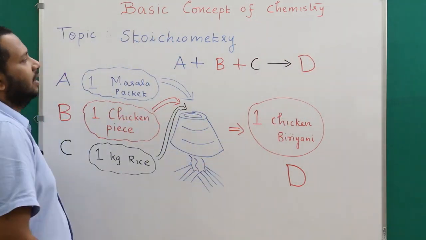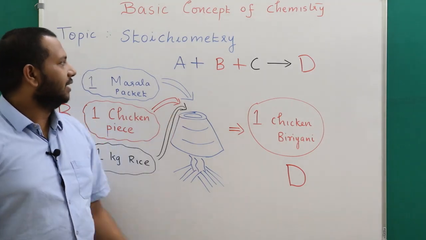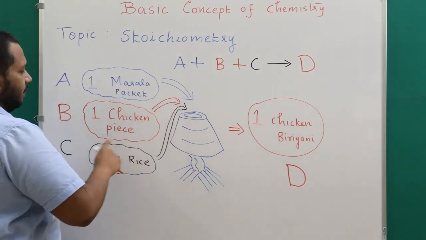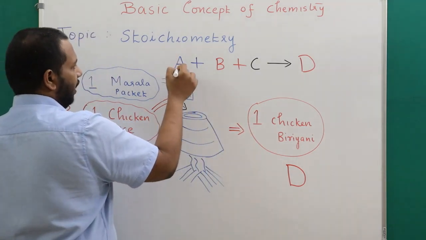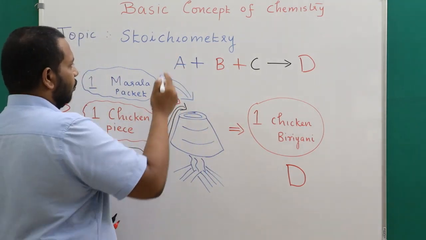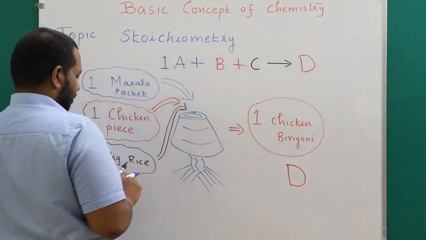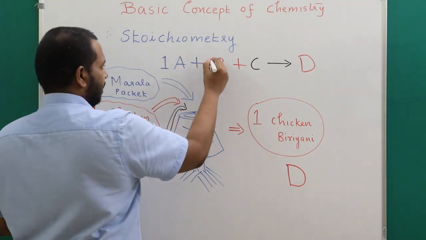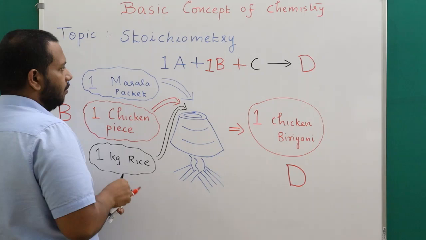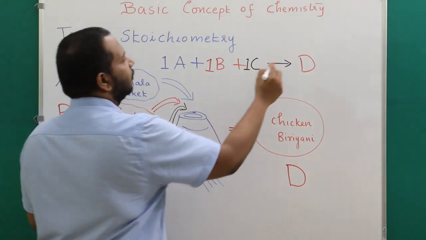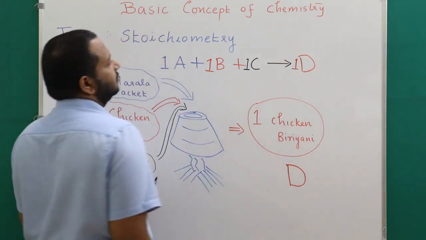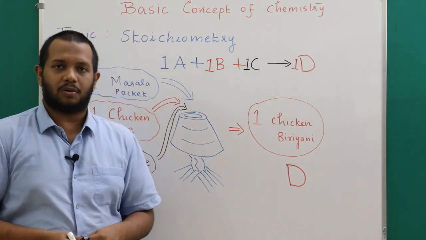Correct? Now from this you know that 1 masala packet, 1 chicken piece, 1 kg rice gives 1 chicken biryani. So I can say 1 mole of A, 1 mole of B, and 1 mole of C gives you what? 1 mole of D. Is this understandable or not?